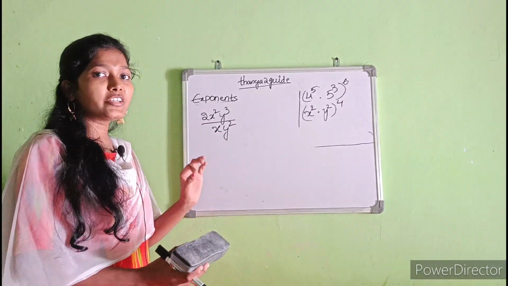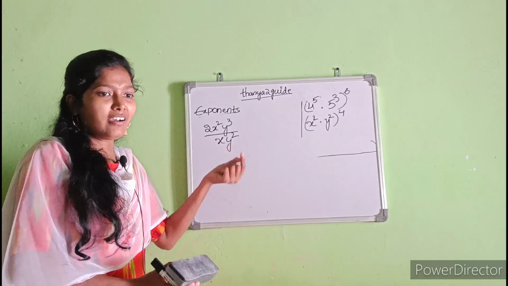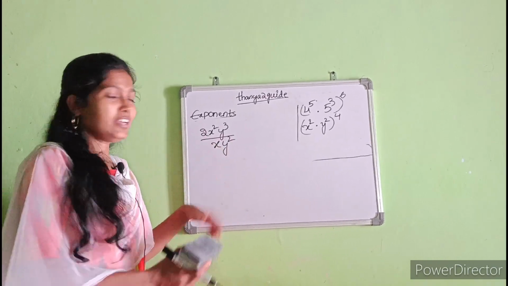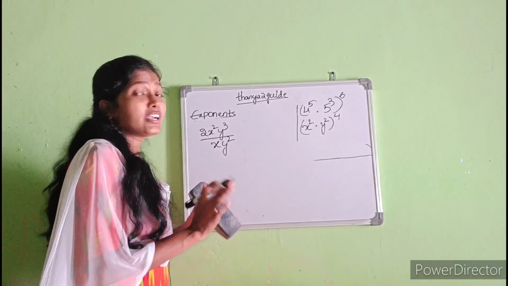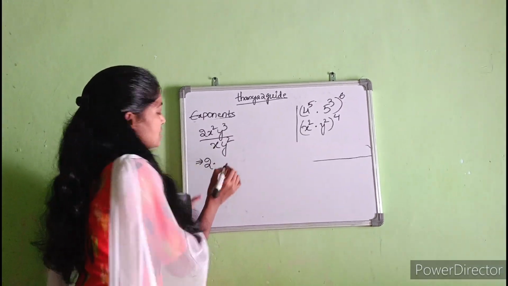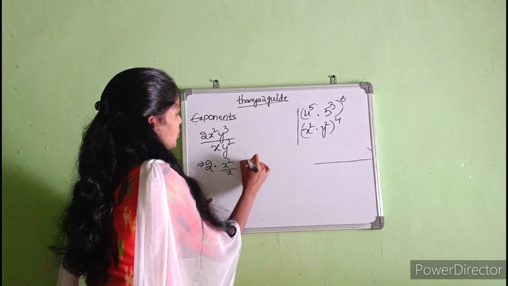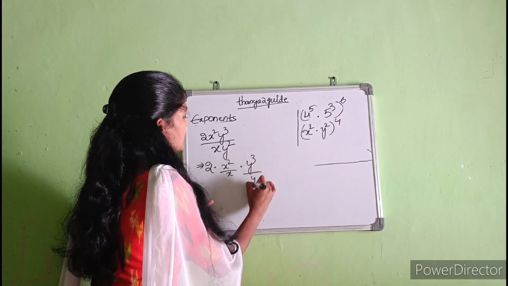Now, this is one more question. All this time you have seen some basic questions, right? This is something a bit advanced compared with those. Okay. Now, don't get confused or scared. Okay. Now, see here 2. Take this 2 separately and write x square by x into y cube by y square.